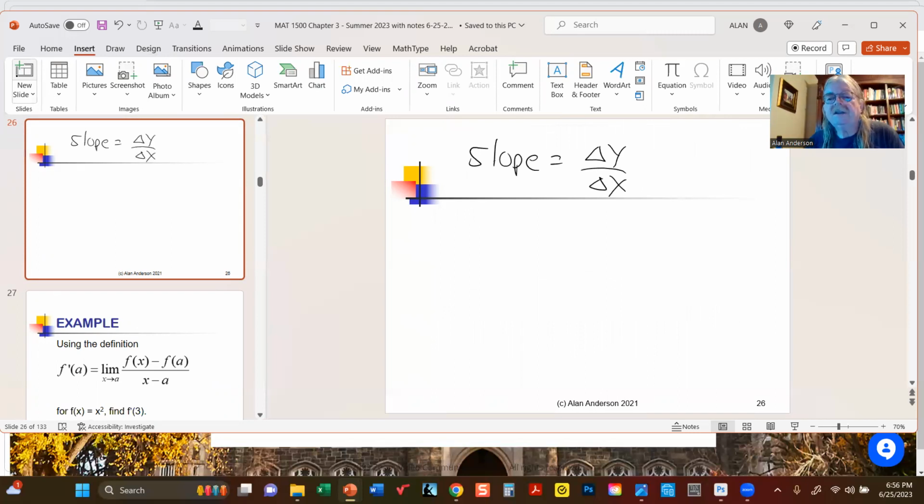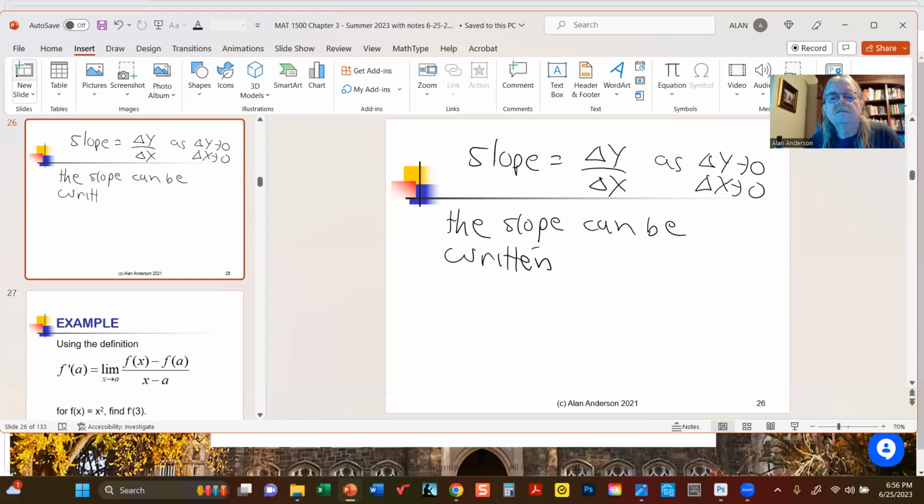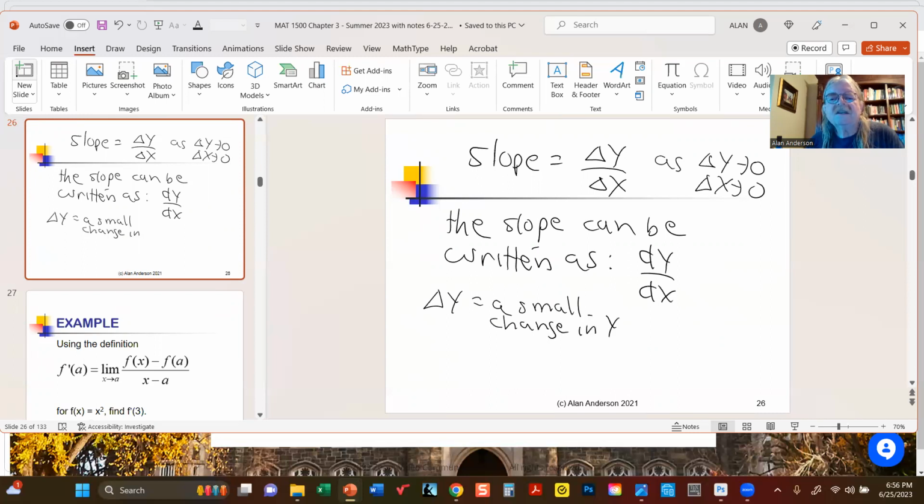So what you have to imagine here is that as delta y approaches 0 and delta x approaches 0, the slope can be written as dy dx. So think of delta y as a small change in y, whereas dy is an infinitesimal change in y.